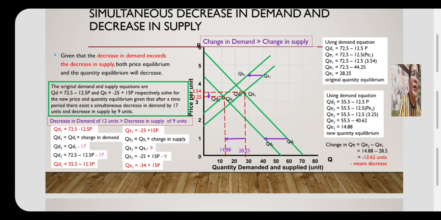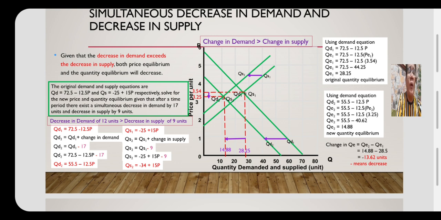The fact that it is negative means that there is a decrease in quantity equilibrium, and the decrease is 13.62 units. So because of the decrease in both the demand and supply, there will also be a decrease in quantity equilibrium, and specifically the decrease is 13.62 units.